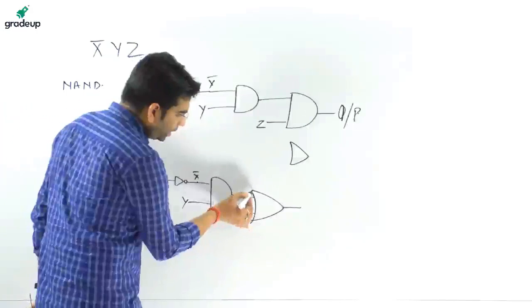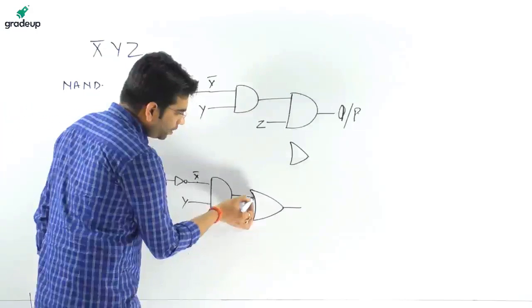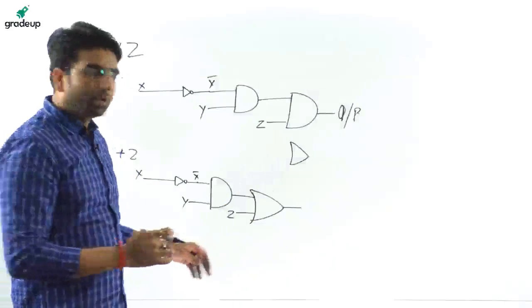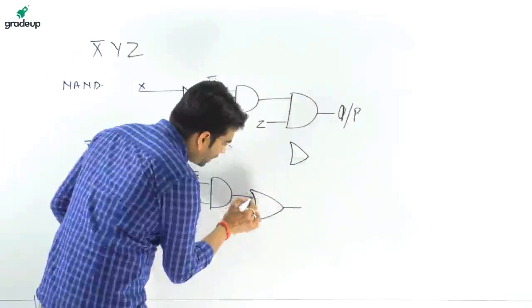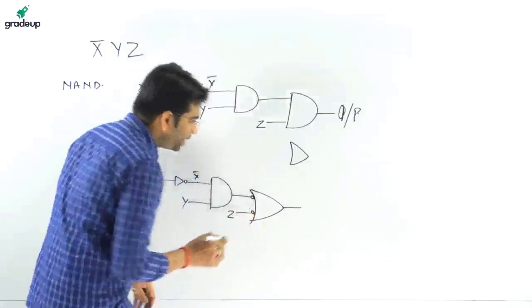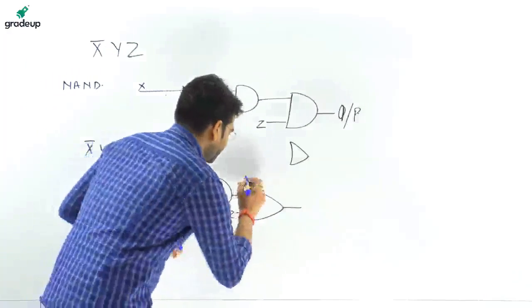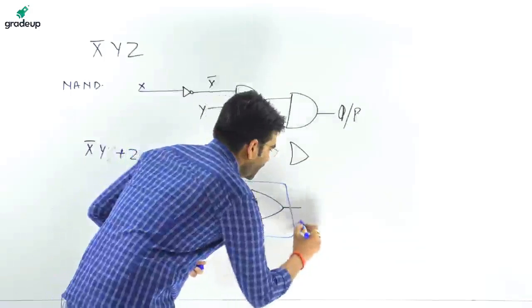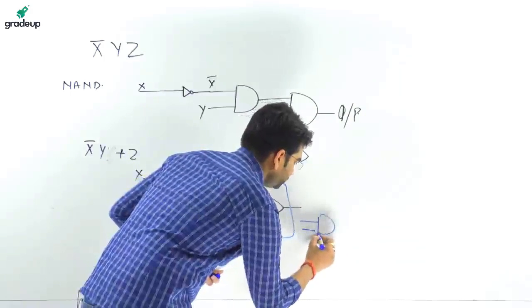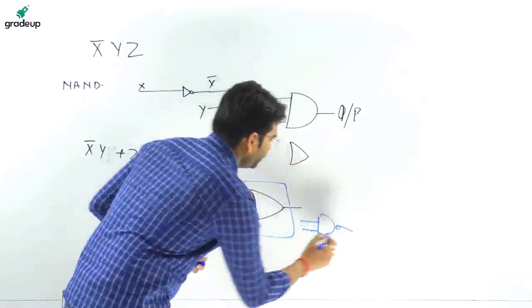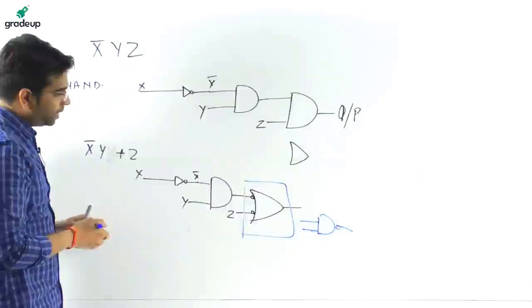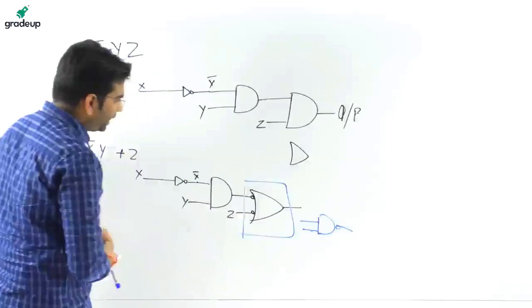So what we will do is find the number of NAND gates. We are going to have a bubbled OR. Bubbled OR means it is now equivalent to a NAND gate. So we have got 1 NAND gate at this place.